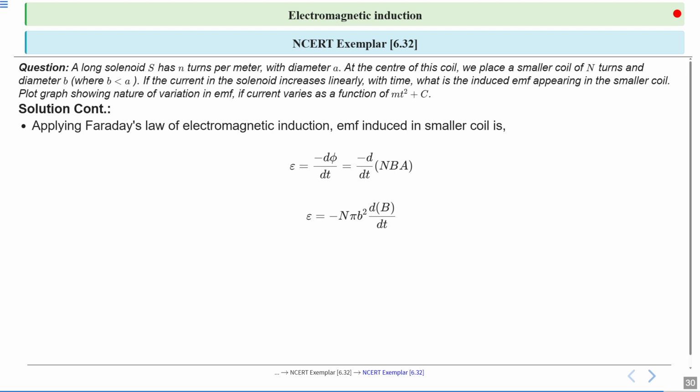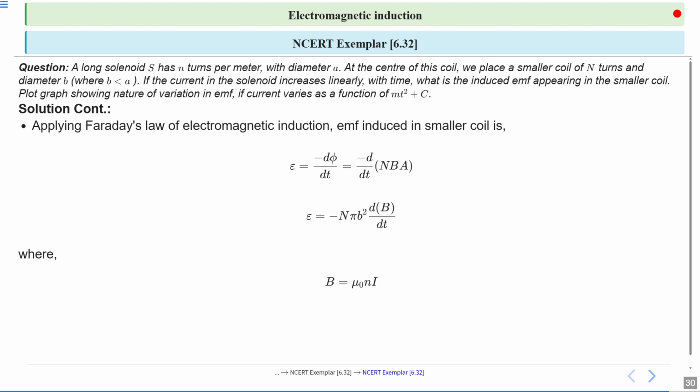What is A? Pi b square. It is also constant, so it will come out of the derivative. So in the derivative it will be only B, because the magnetic field is varying, because the current is varying with time. So the magnetic field is mu naught n I. I is varying, that's why B is varying. So B will be in the derivative.